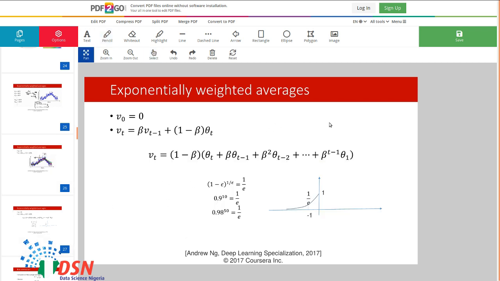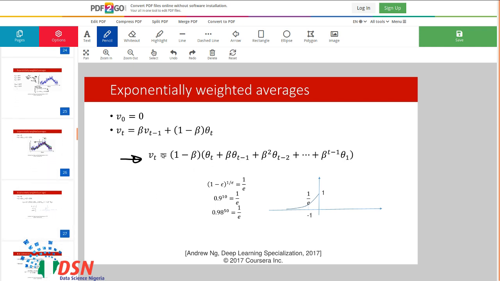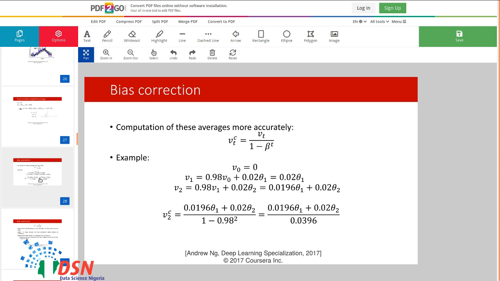As I mentioned, you could write the v of t, and it is kind of an exponentially weighted average, if you are familiar with that. In the first steps, we have a really small v of t, because we initialize v of t with 0.